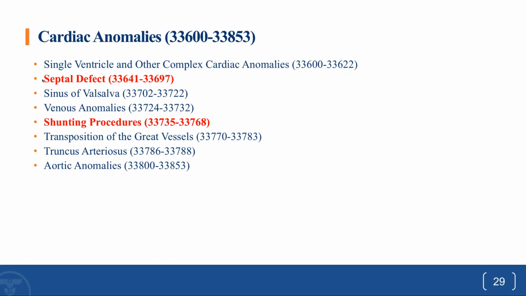So again, CPT code 33647, you've highlighted atrial and ventricular. 33660, atrioventricular. And then 33665, where it says transitional atrioventricular. That's the key word there, it's transitional. I think that's all they may ask.